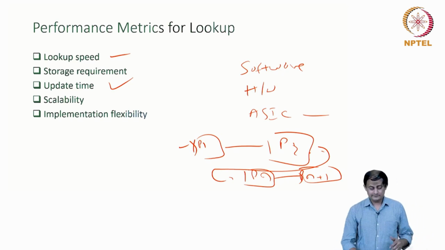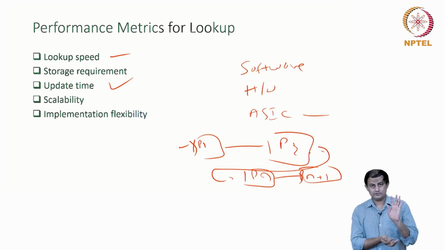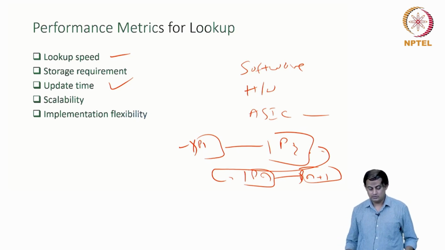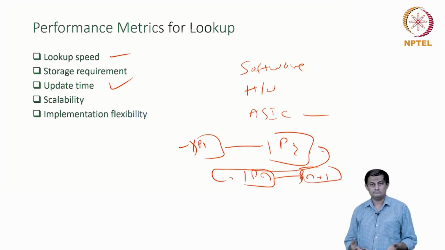So in a nutshell, I have got a bunch of options. The lookup operation needs to happen quickly, and I have an option to implement it as part of the software code, or I can build custom hardware, or I can use something called an ASIC. In the beginning, when networks started, people implemented the routing table in software.